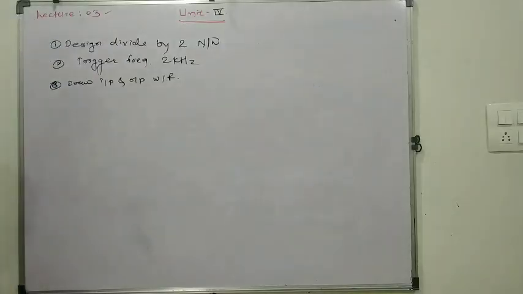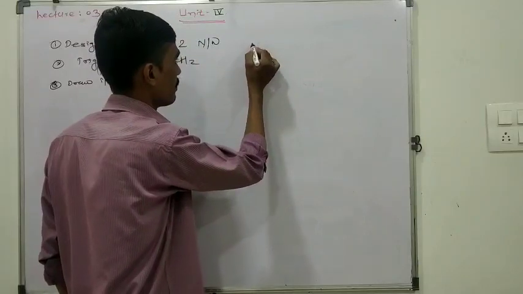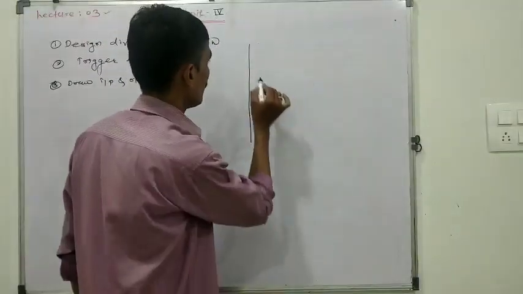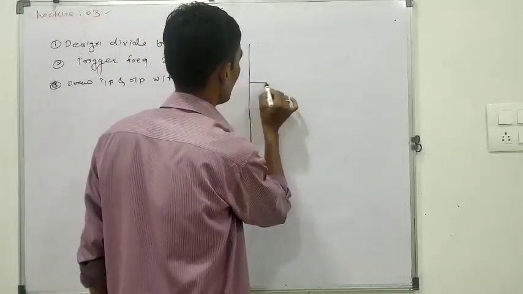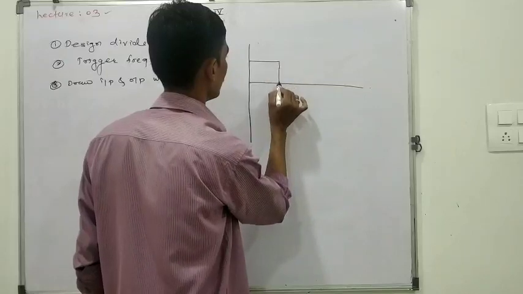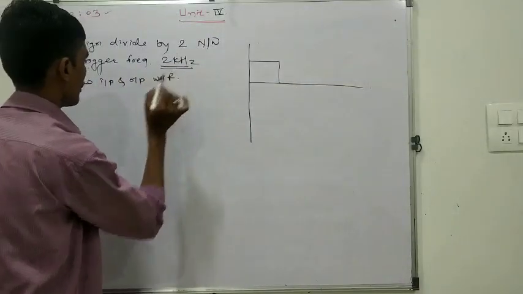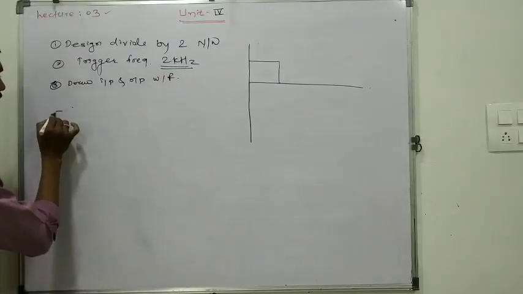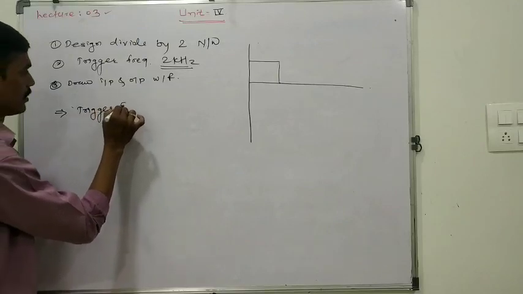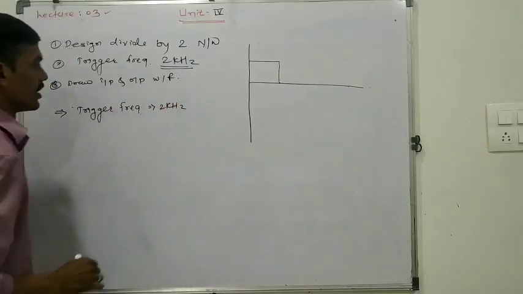So let us see how the output frequency or output waveform will be obtained. First of all, we draw the input waveform. Here the trigger frequency is 2 kilohertz. So I write here: trigger frequency equals 2 kilohertz.